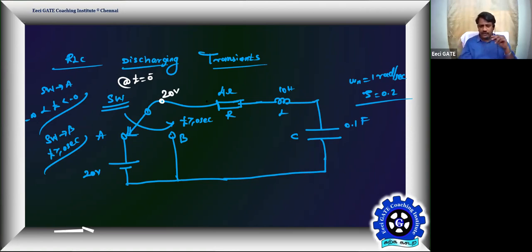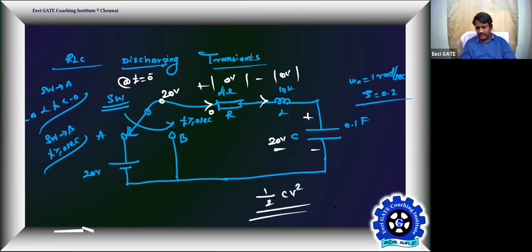The current in the circuit will become 0, so the voltage across the resistor will be 0, and the voltage across the inductor also becomes 0 at steady state. Therefore the entire voltage is across the capacitor, equal to 20 volts. The capacitor is fully charged and holding an energy of half CV squared.